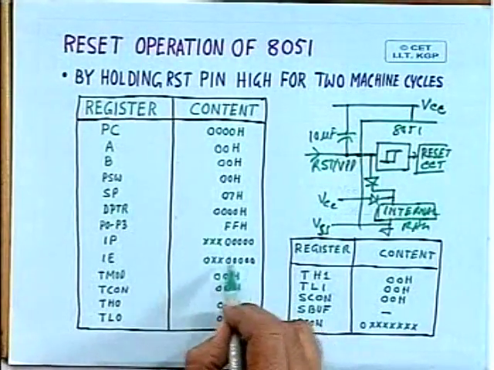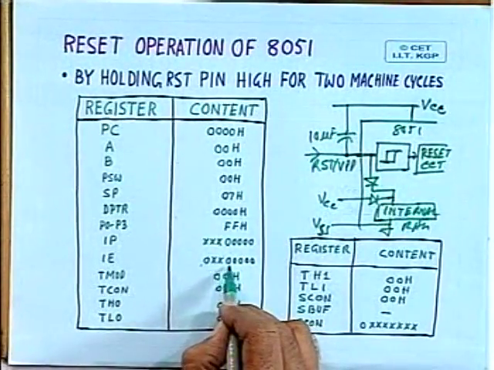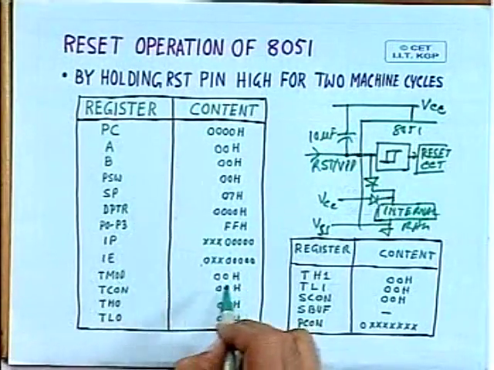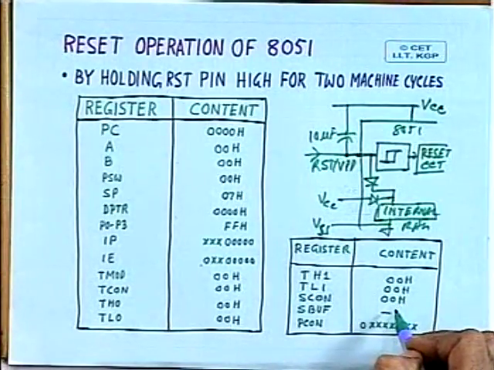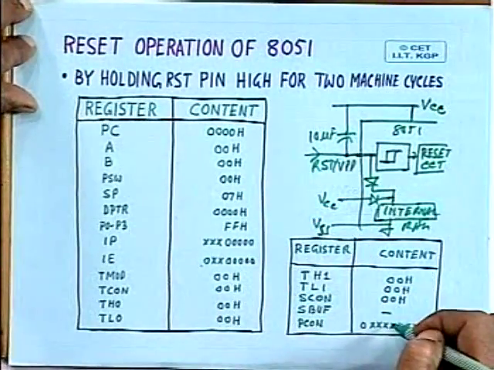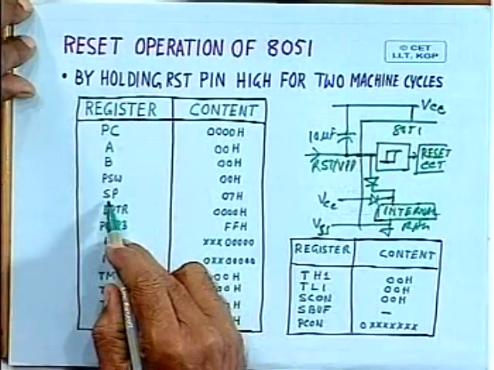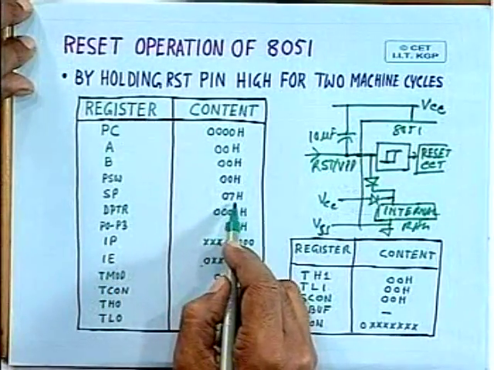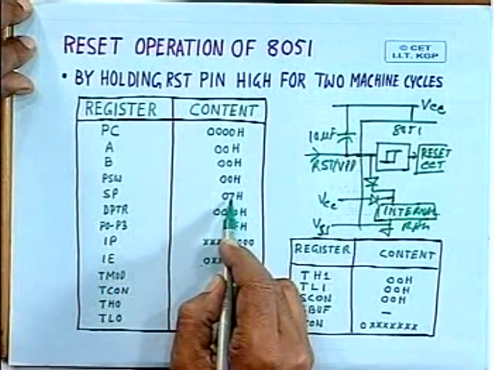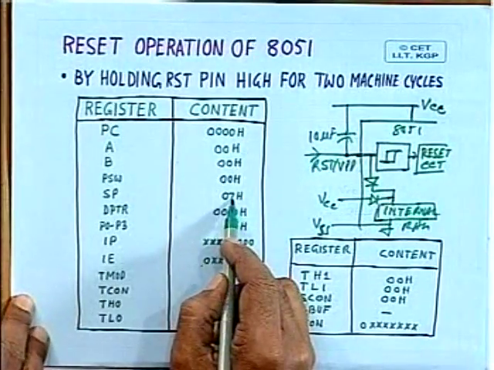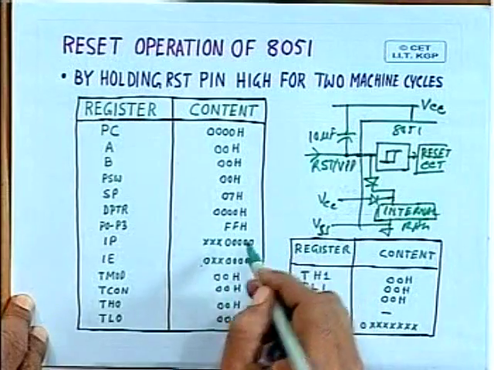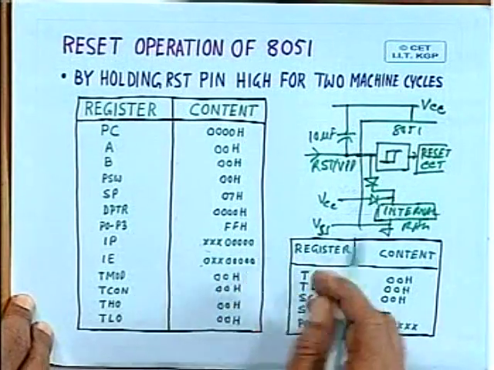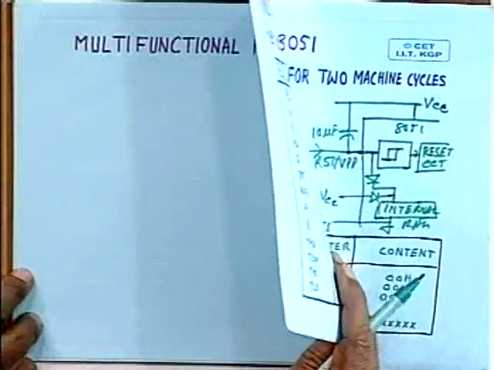Interrupt enable, all are disabled, as you can see, 0, XX, 0000, then TMOD is 00, TCON is 00, all are initialized with 00. So you see most of the registers are initialized with 00 except the stack pointer, which is initialized with 07. That is the address of the stack pointer as you turn the power on, and the interrupt system is disabled and priority level is made 0. So this is how the reset operation is performed.